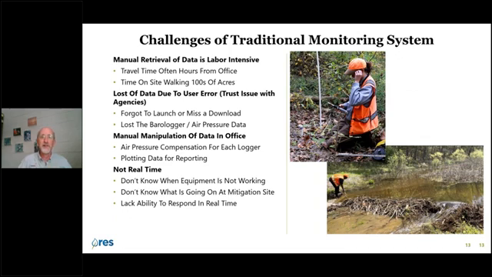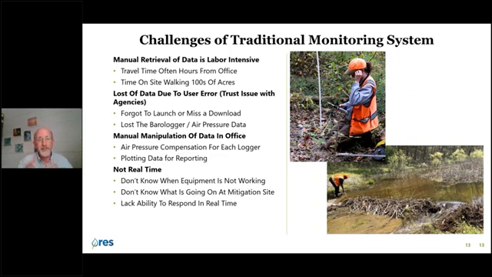We've had bears eat them. You lose that barrel logger and it compromises your ability to recalibrate the water pressure data. When you get back to the office, you have to do that air pressure compensation. You have to plot the data well by well by well. All of that is ripe for improvement.